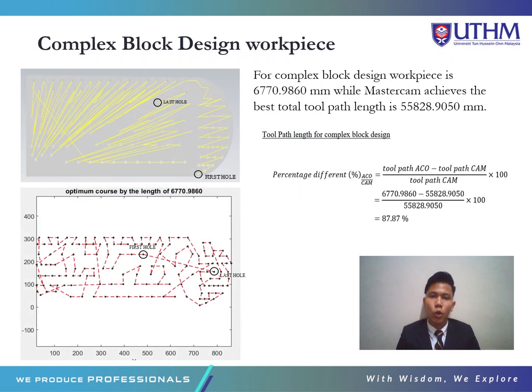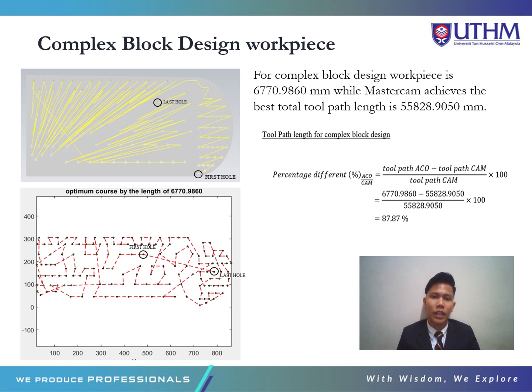While moving to compare for the complex block design workpiece, ACO generates 6,774.9860 mm, while Mastercam generates 55,828.9050 mm. We can see clearly that the Mastercam toolpath is quite crowded, while the ACO toolpath is less crowded.